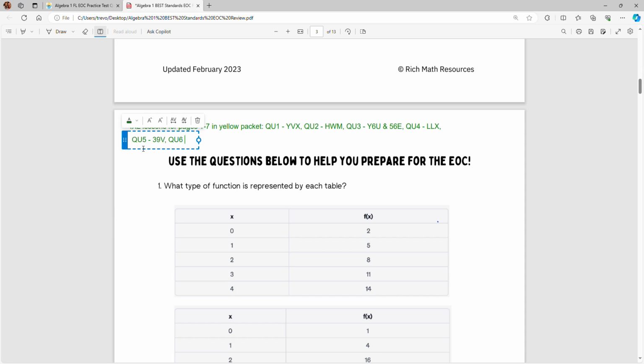Question 6, LVW and MMB. Question 7, GUP. Question 8, oh, I didn't write one down. I think I picked HW8. We'd already done that one in class.